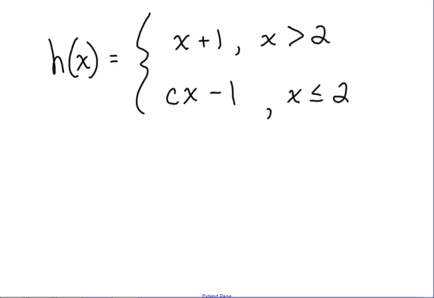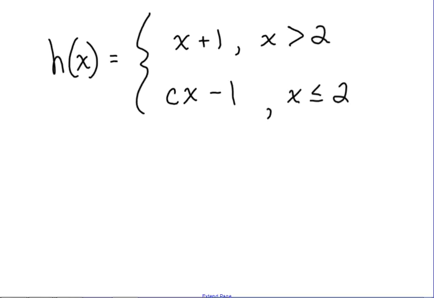So I was telling you, if this is continuous, these two pieces have to have the same y value where it changes at 2. So we know the y value for the first piece. What is the y value at 2 for the first piece? What is the y value for the first piece at x equals 2? 3, right?